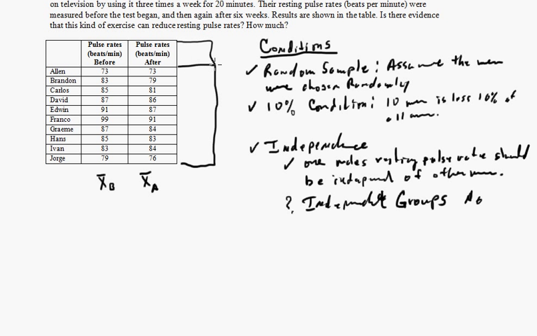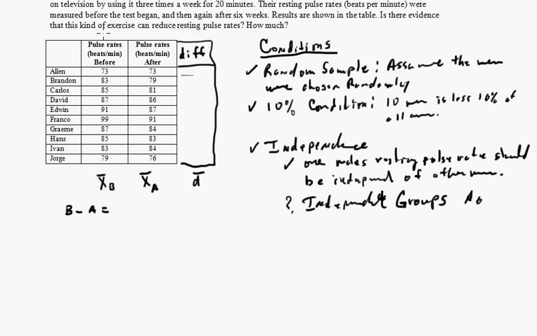Okay, so the difference. And then we'll use d bar, so we'll take those differences. So what we could do is say, I don't know if that's the right notation, we'll just say before minus after, okay, and that's what we'd use to get these differences.